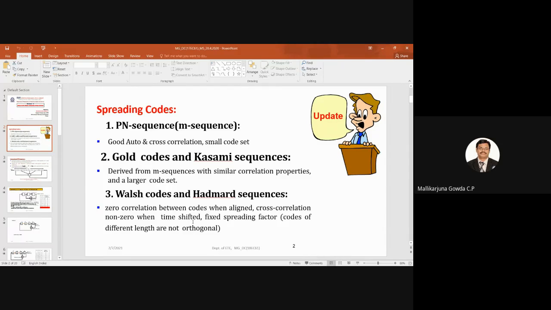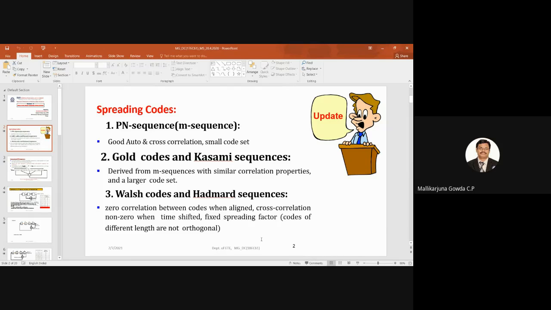Codes of different lengths are not orthogonal here. That is the main key thing we need to understand about these codes.